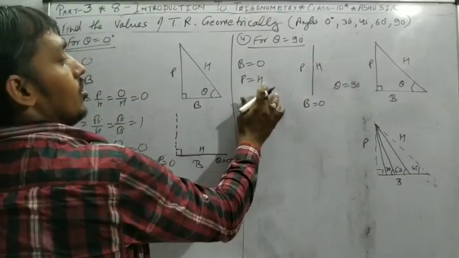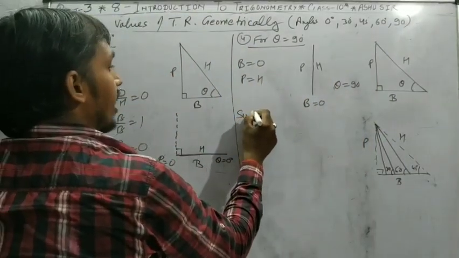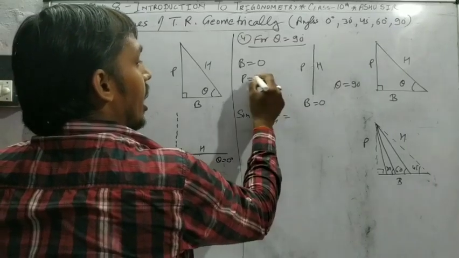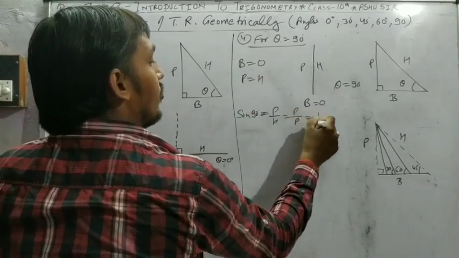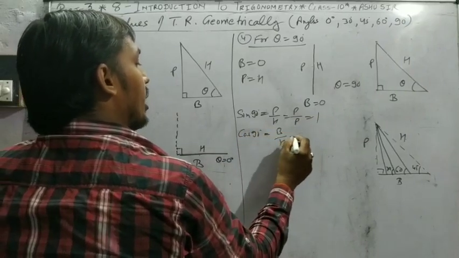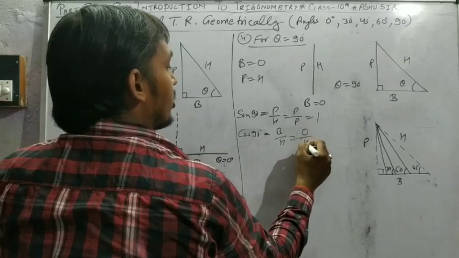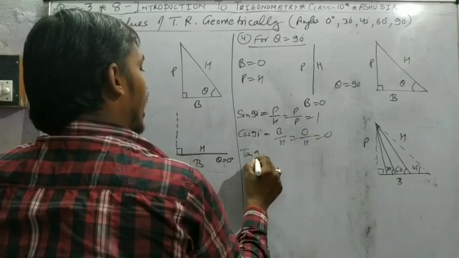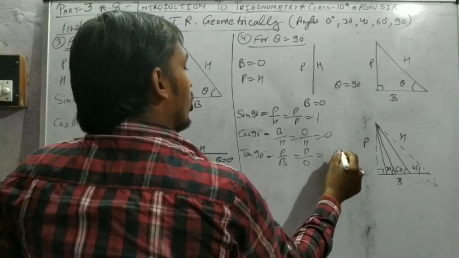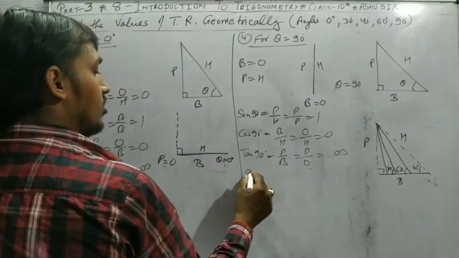So same, sin 90, P by H, P and H equal, 1. Cos 90, B by H, B is 0, so 0. Tan 90, P by B, P upon 0, not defined.